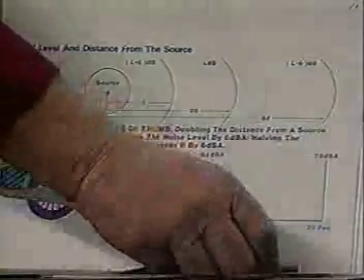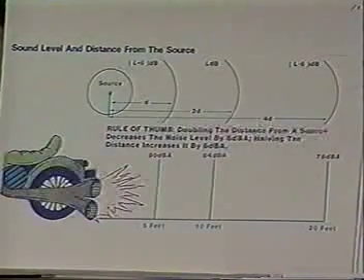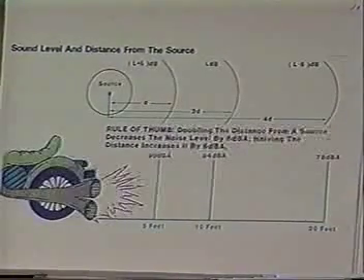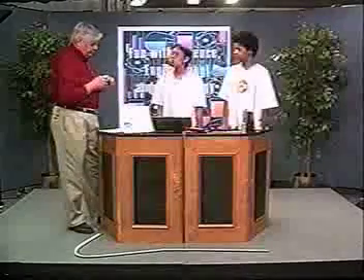One of the things I want to point out before we go any further: if you take my little calibrator, this puts out 1,000 cycles at 114 dB. How loud is that?